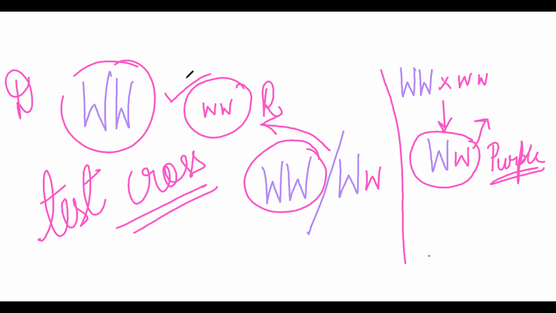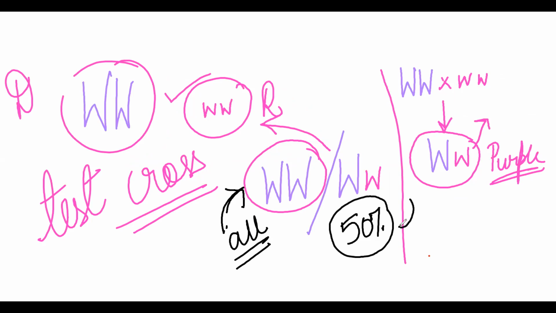If all are purple in color, that means the unknown is homozygous, whereas if 50% are purple and 50% are white, that indicates that the genotype is heterozygous in nature.